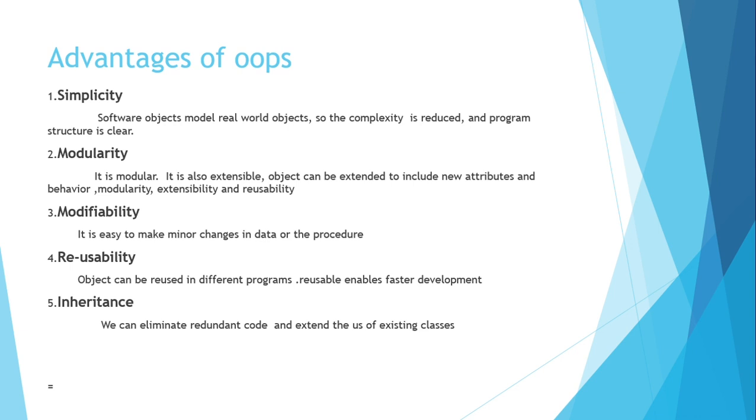In classes, using these objects, any attributes can be added because in OOPs we are using the bottom-up technique. So whatever we need to extend in our program, it can be extended, and attributes can be extended, and it is reusable.